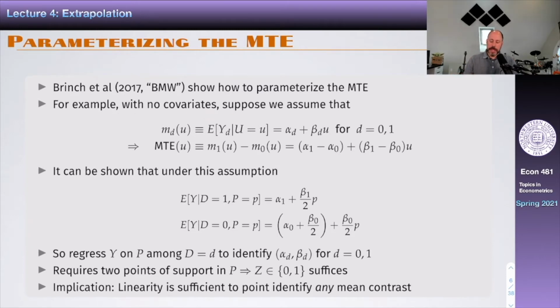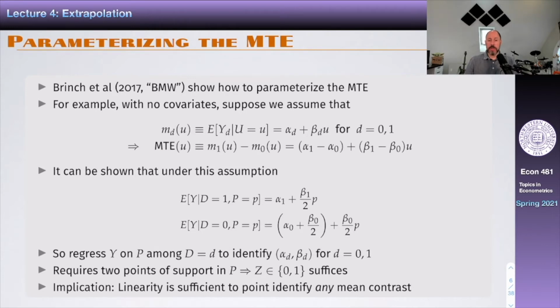So without covariates, we're going to define this M_d over here, which we're going to call a marginal treatment response, which is just the expected value of the potential outcome conditional on the unobserved heterogeneity. That's an object that appears in the marginal treatment effect because it's just the difference M1 minus M0, the difference between these two marginal treatment responses.